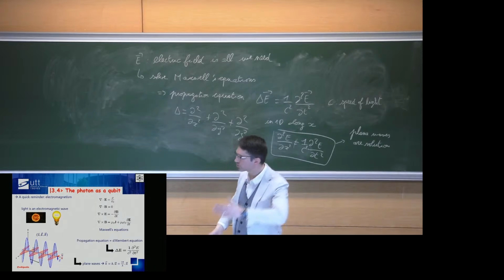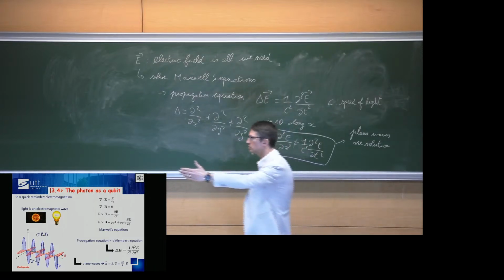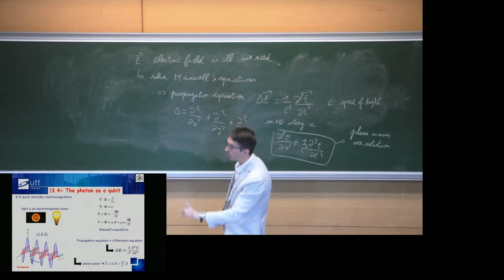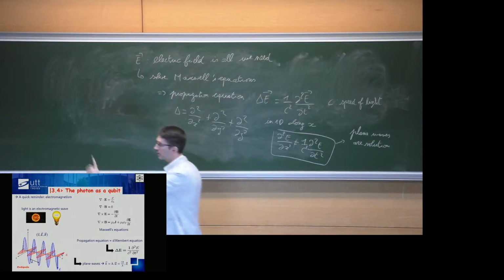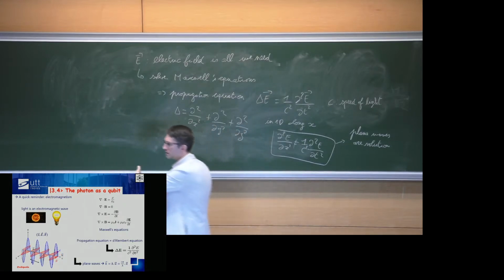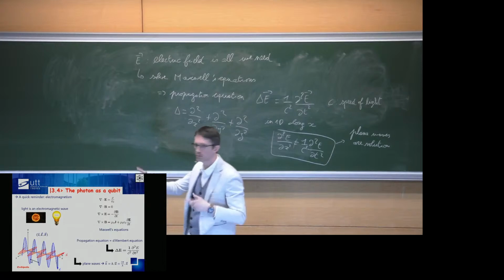So here's the propagation. You've got the light propagating along X. You've got the electric field oscillating along the y-axis, and the B field oscillating along the z-axis, all in complementarity.